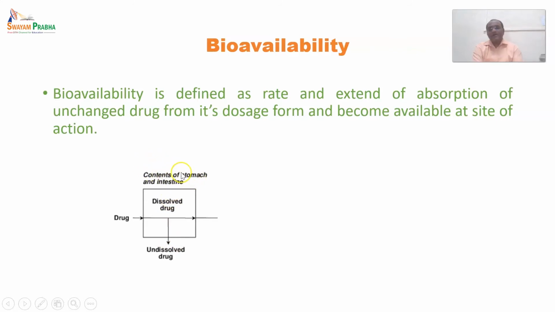So it has to go through a barrier of an acidic environment in the case of the stomach and a basic environment in the case of the intestine. The drug after absorption comes into the GI tract, firstly to the stomach, and after that the intestine, acidic environment and then basic environment. Still some drug remains undissolved.